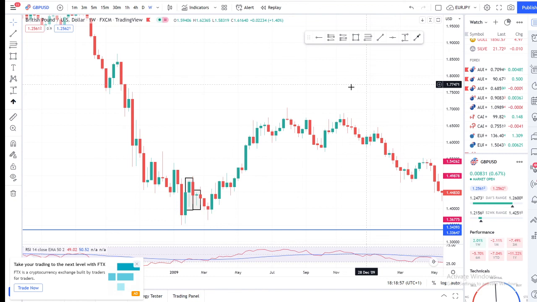This is a morning star formation right here. Evening star and morning star.